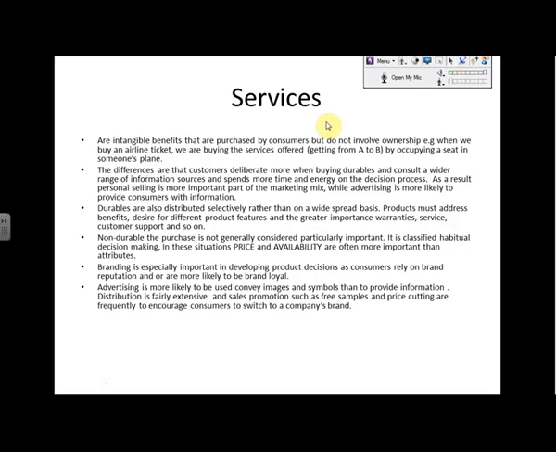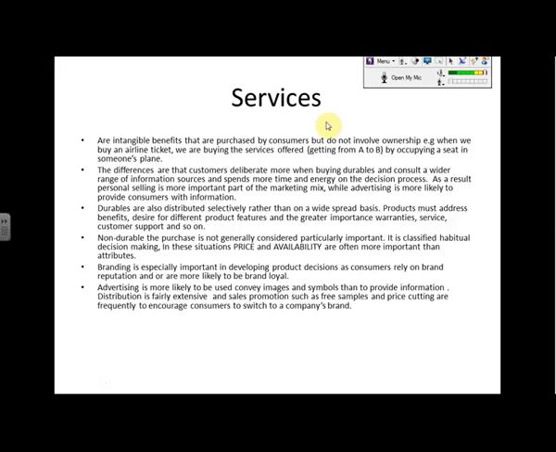The differences are that customers deliberate more when buying durables and consult a wider range of information sources and spend more time and energy in making decisions on what to buy. When you go out to buy a car, you don't just wake up one morning and say, I'm going to buy a car. You think over it a long time, you research, you find the resources, and you go and test everything else.